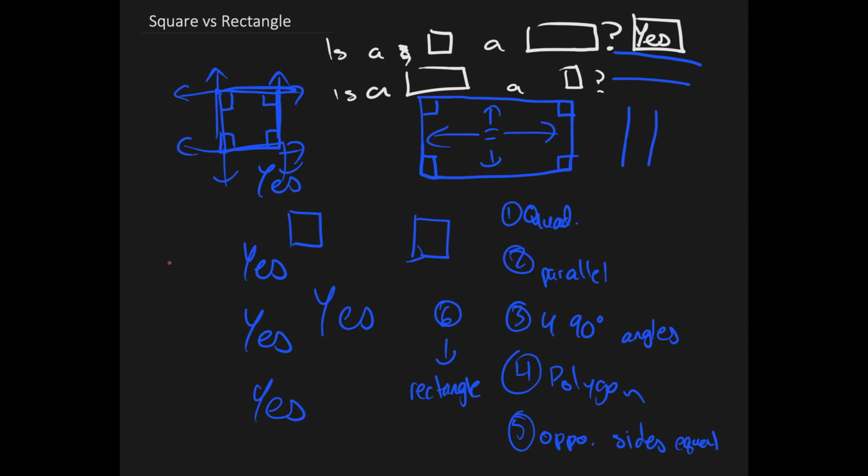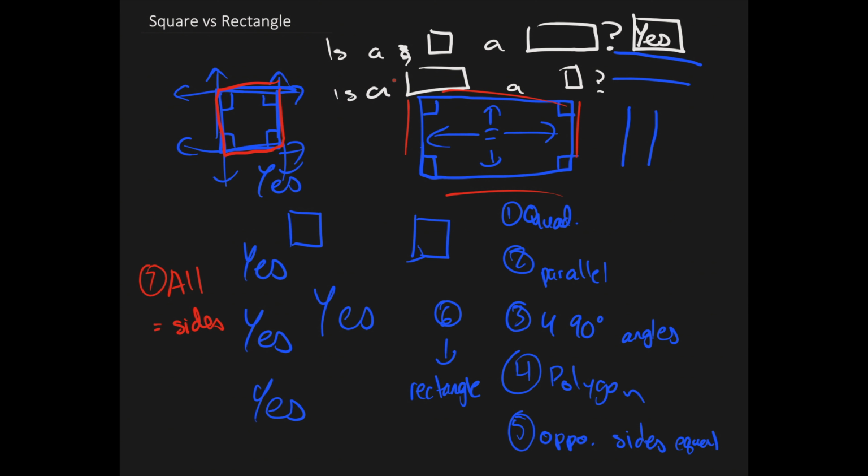I'm going to draw number 7: a rectangle does not have all equal sides. If you think about it, in a rectangle, only the opposite sides are equal. This one is equal, this one is equal. And in a square, every single one of them is equal.